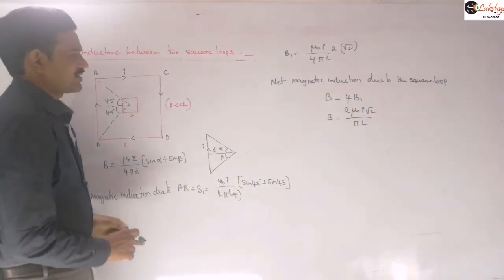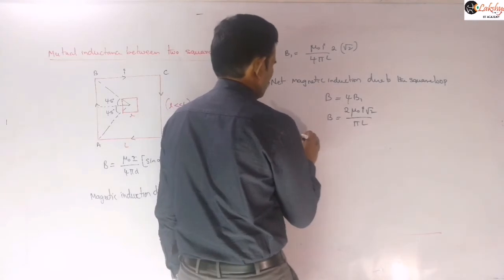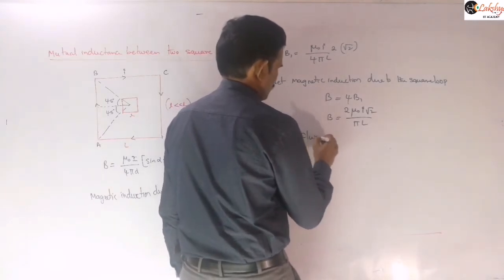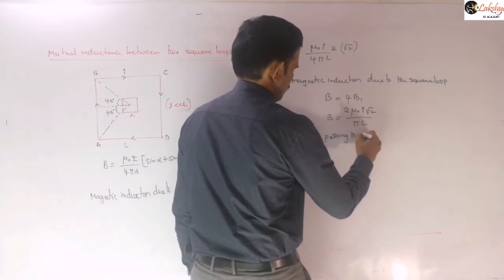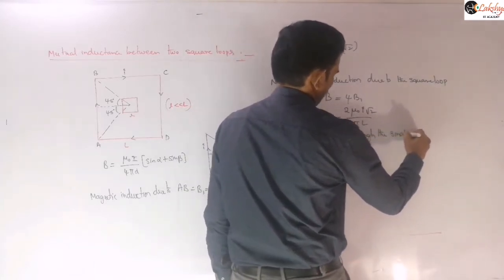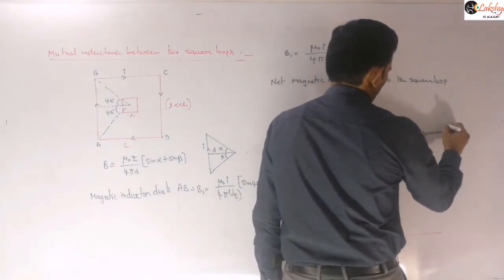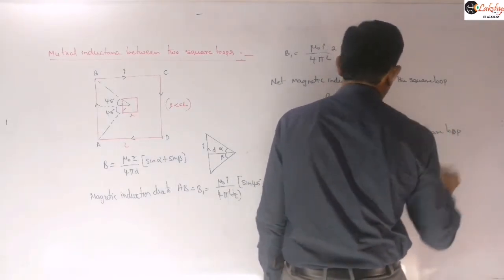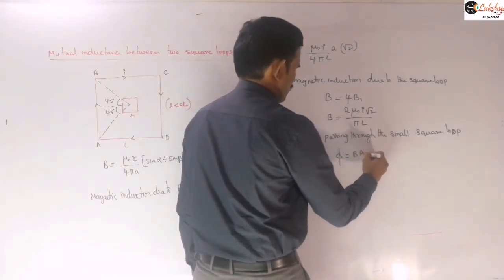And then next is our flux calculation. Now the flux passing through the small square loop is B into A2.